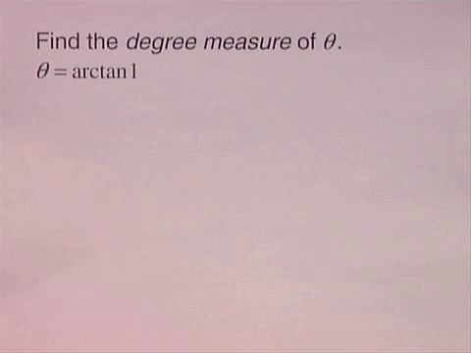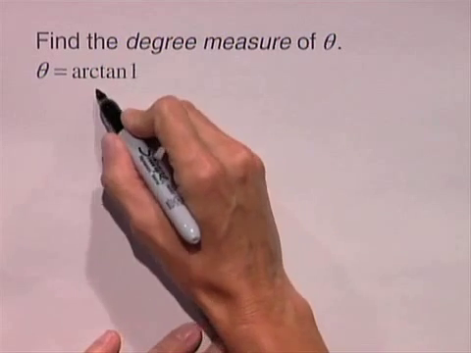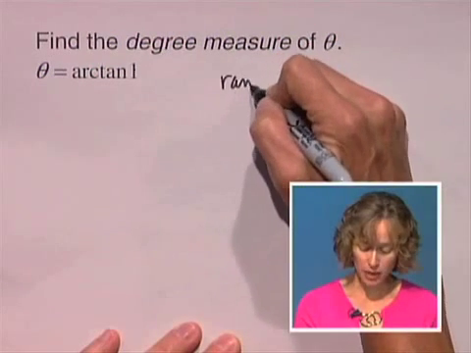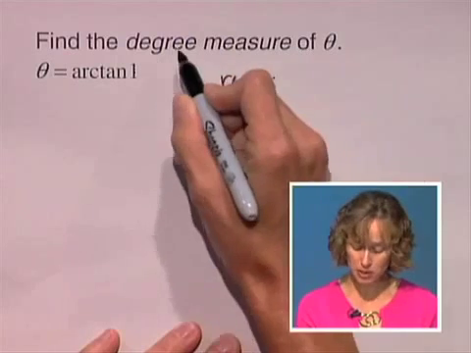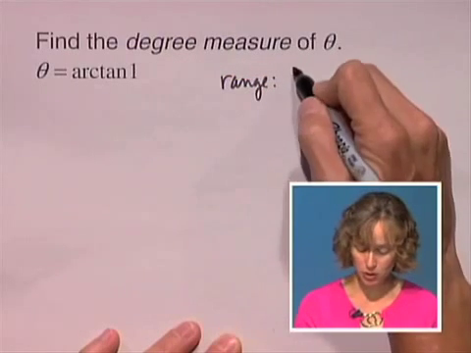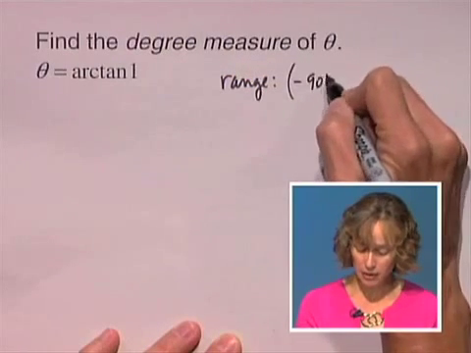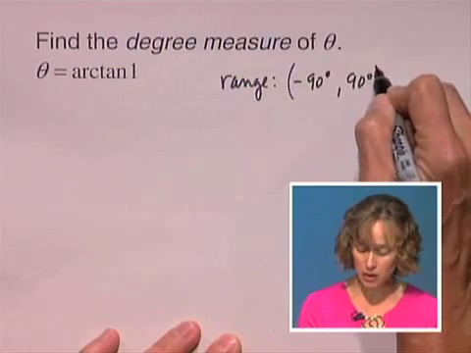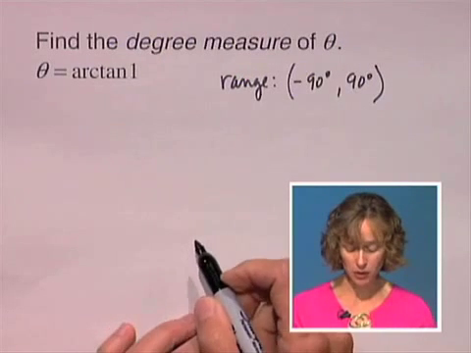Let's work with some inverse trig functions. We want to find the degree measure of theta, where theta is the arctangent of 1, or the angle whose tangent is 1. Looking at the arctangent function, its range, in degrees this time, because we want a degree measure, is -90 degrees to 90 degrees, not including either -90 or 90.